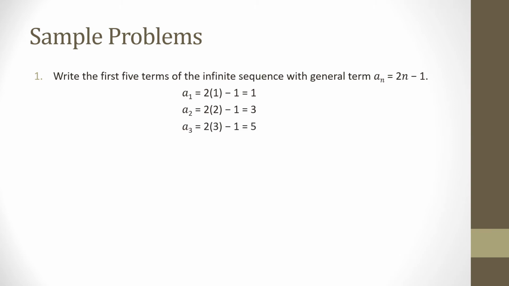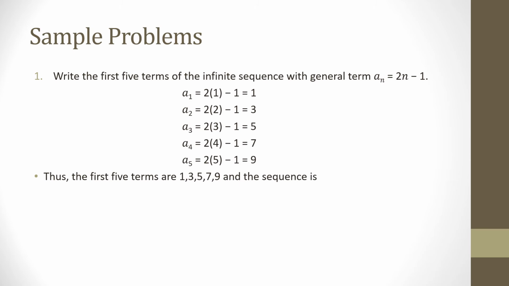Next, a sub 3 is equal to 2 times 3 is 6, minus 1 is equal to 5. A sub 4 is equal to 2 times 4 is 8, minus 1 is equal to 7. And then lastly, a sub 5 is equal to 2 times 5, that is 10, minus 1 is equal to 9.